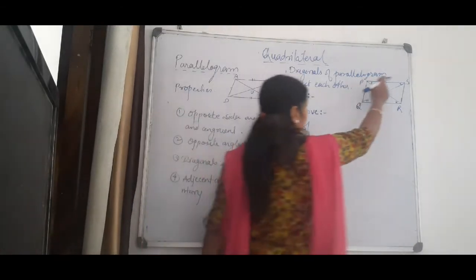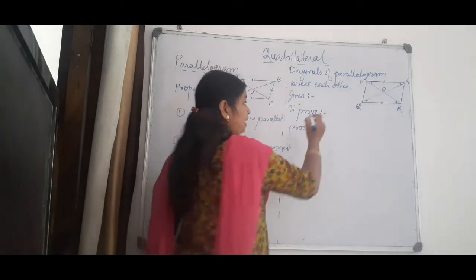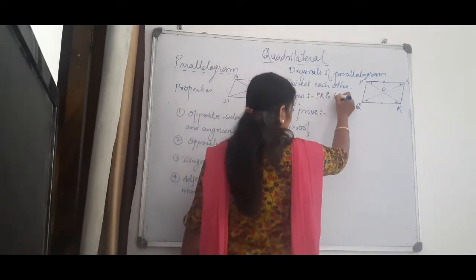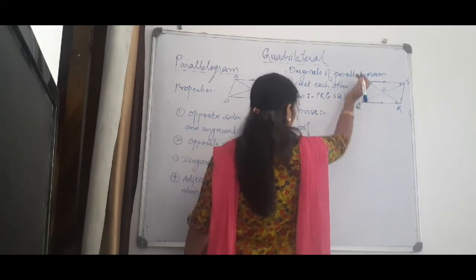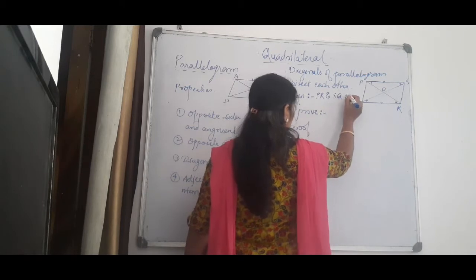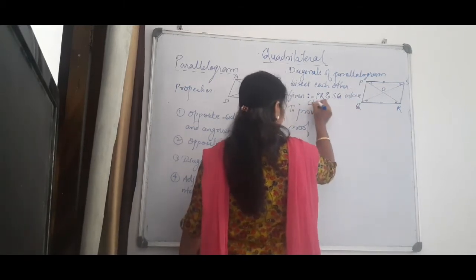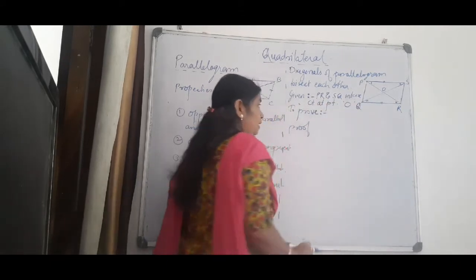So first you have to draw the parallelogram and show the diagonals. Now what is given? Diagonals PR and SQ intersect at point O. That is given.